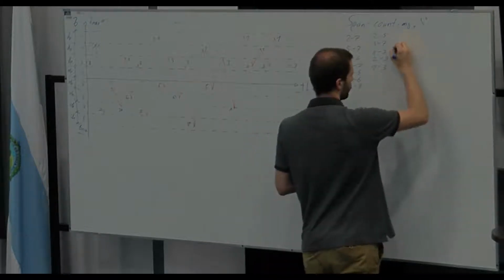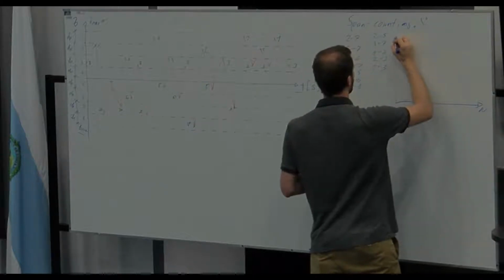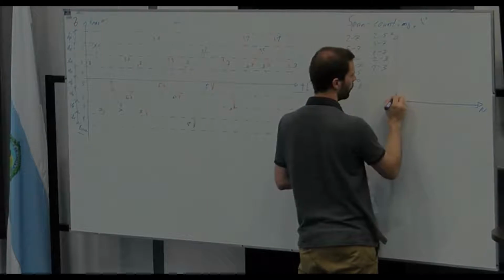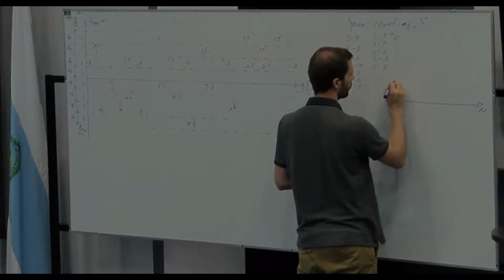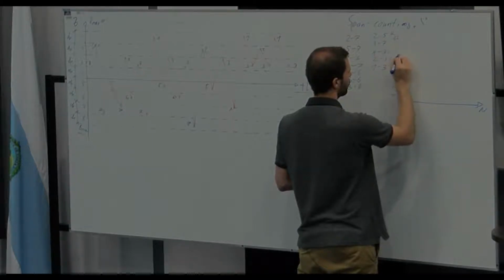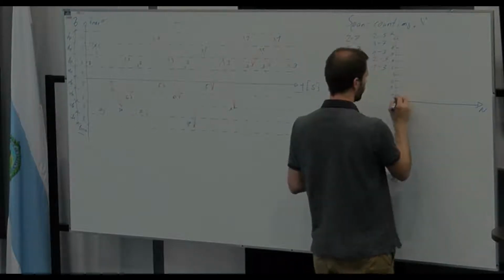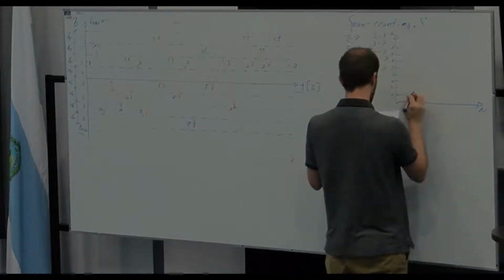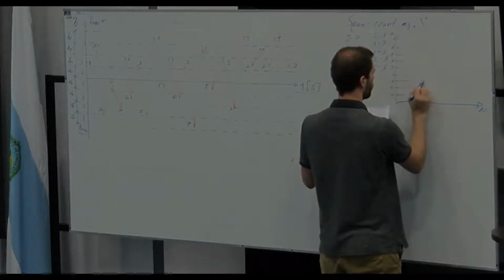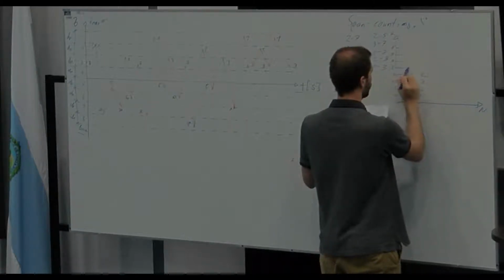So at the end, we get our information about the classes: we have here 1, 3, 3, 2.